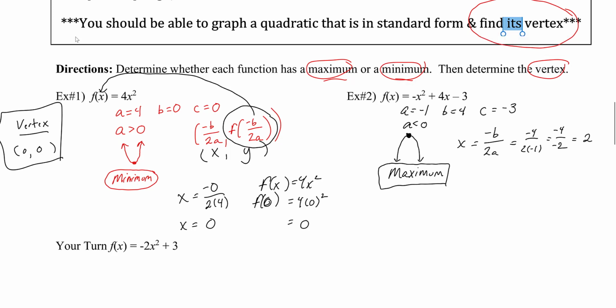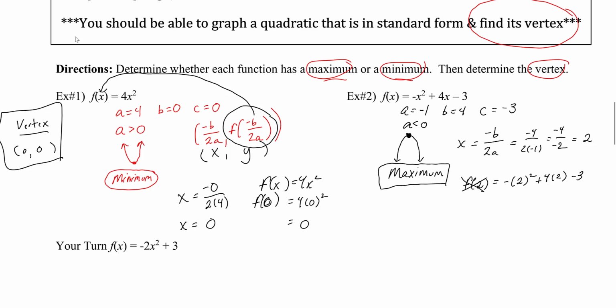And then to get the y coordinate, we're just going to plug 2 back into the original equation. Do have to be careful here on this one. If this left-hand side of the equation confuses you, you can just ignore it. We're not really doing anything there. We're just showing that instead of f of x, it's f of 2.